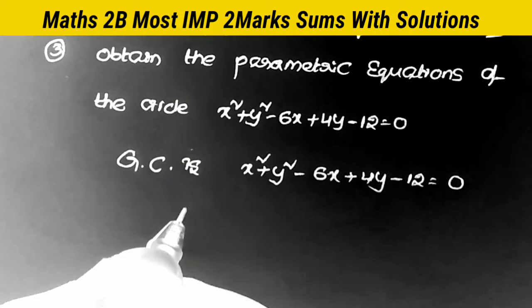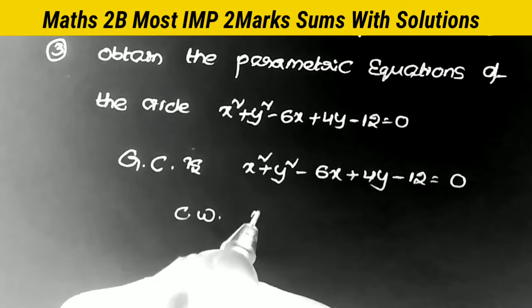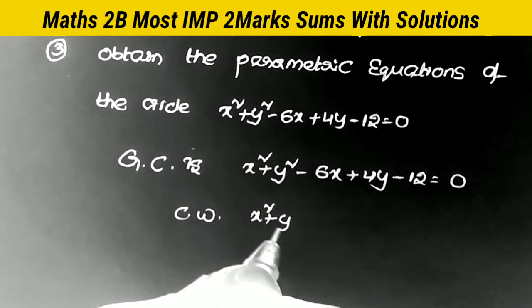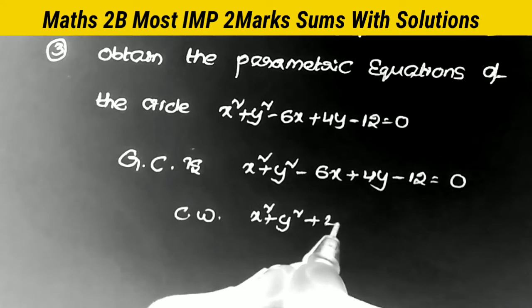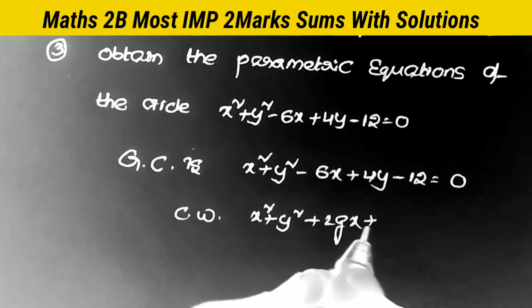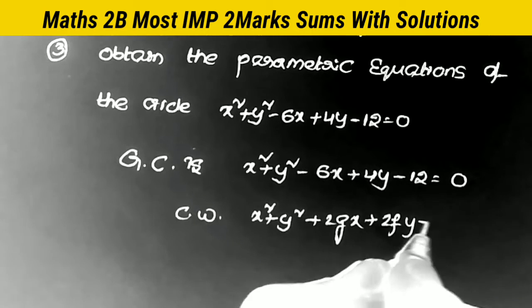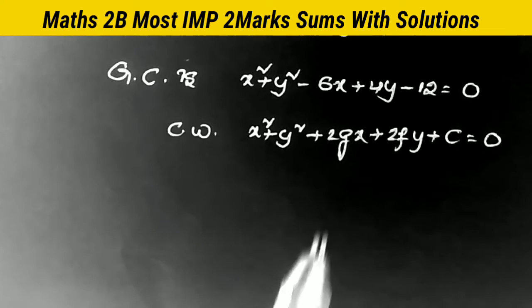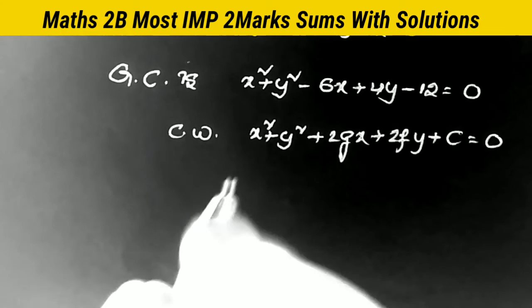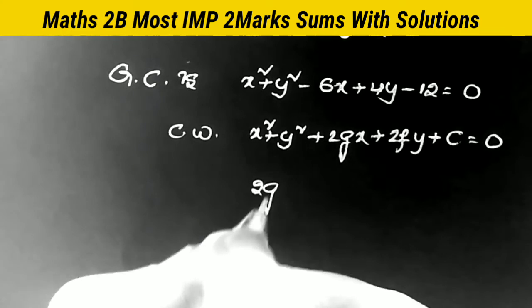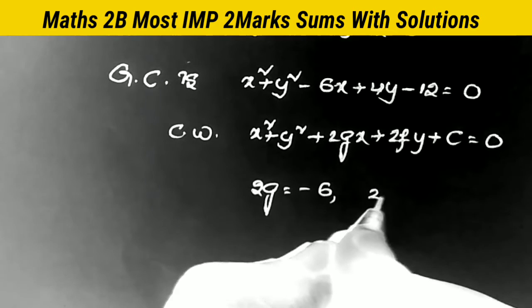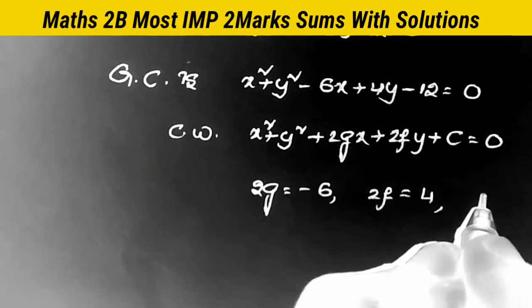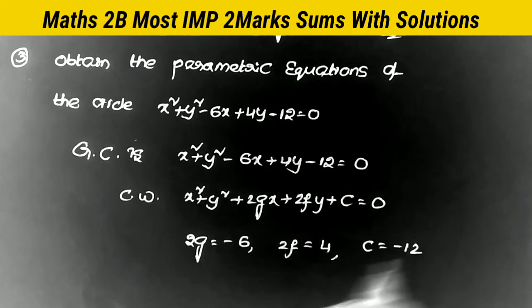Now to find the center and radius, first of all we compare this equation with the standard form, that is x square plus y square plus 2gx plus 2fy plus c is equal to 0. Then what is the 2g value? 2g is equal to minus 6, 2f is equal to 4, c is equal to minus 12.